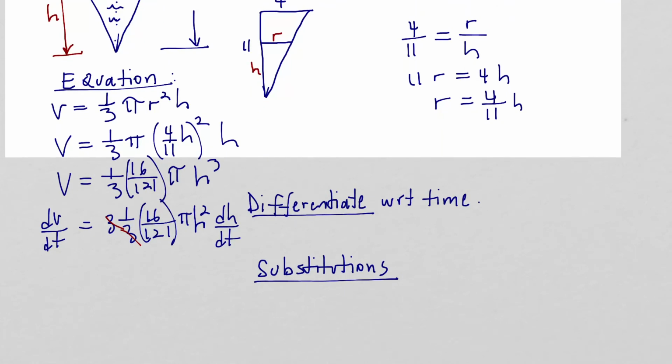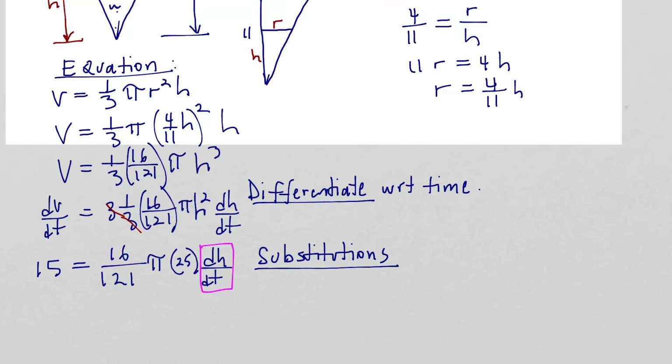So I have 15 for dV/dt, and then substituting for H, we said H was 5, so 5 squared is, let's put 25. So the only thing left is dh/dt, and this is what we want to solve for. That's what we want to find.